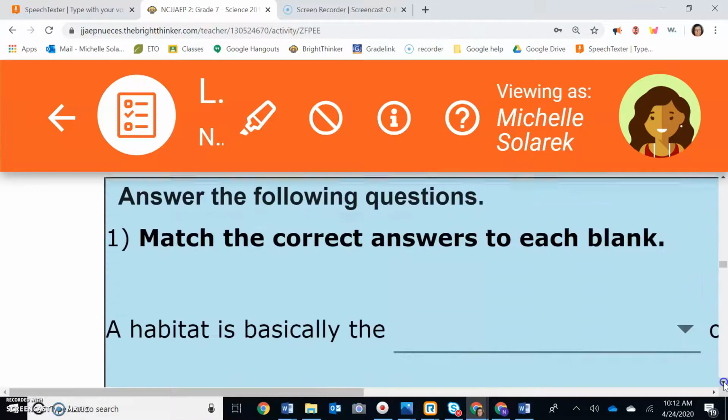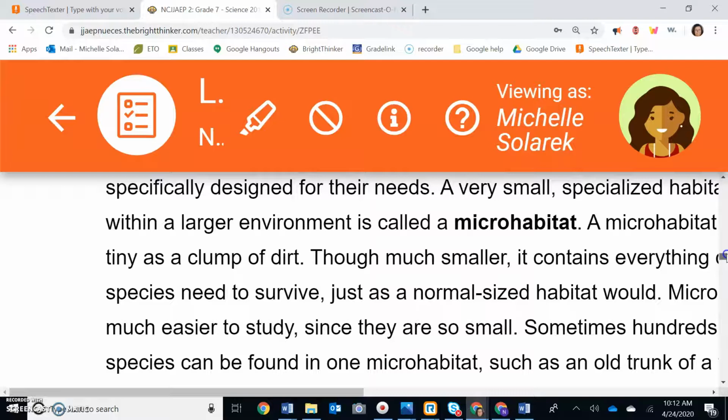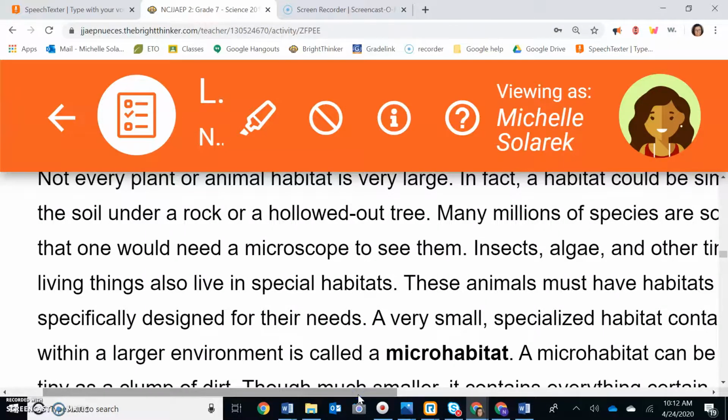We already did microhabitat. Let's go back up. So a microhabitat is a very small, specialized habitat. So it's for tiny little species.